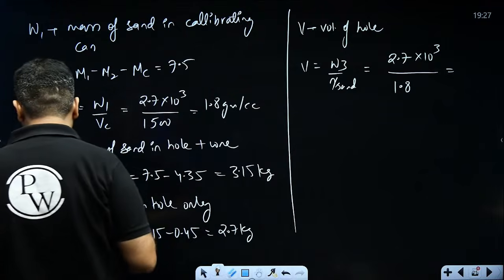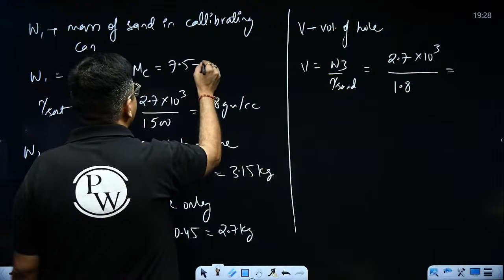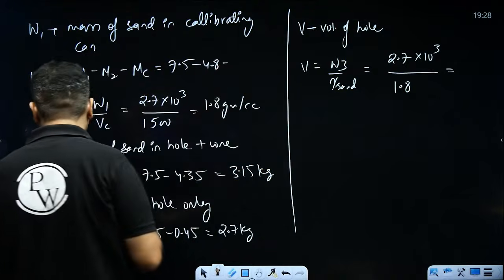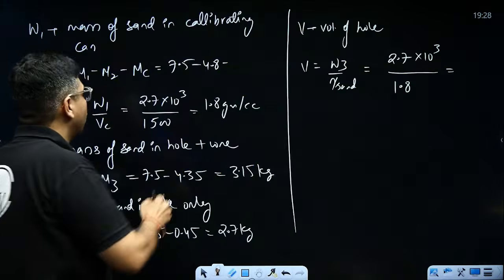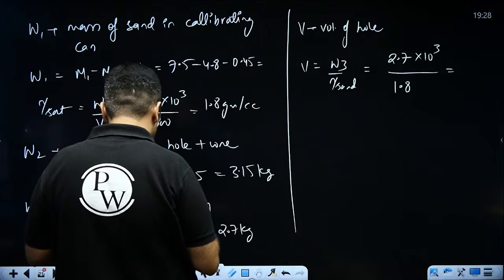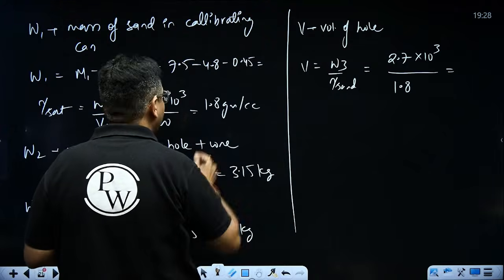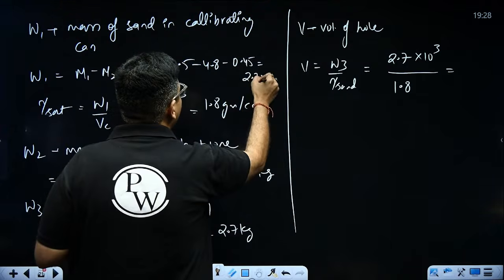One mistake I have done here: 7.5 minus 4.8 minus 0.45, so it's coming out to be 2.25 kg.